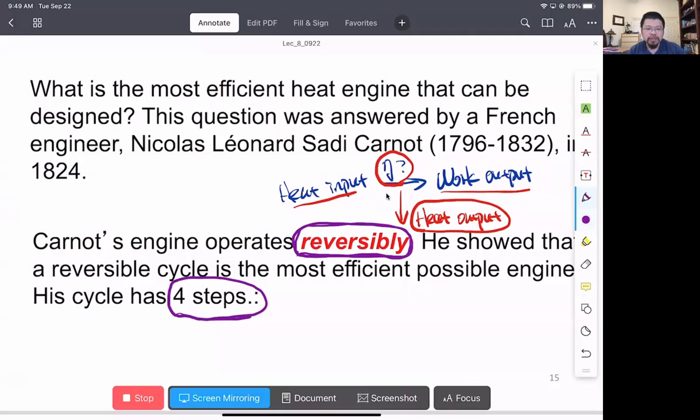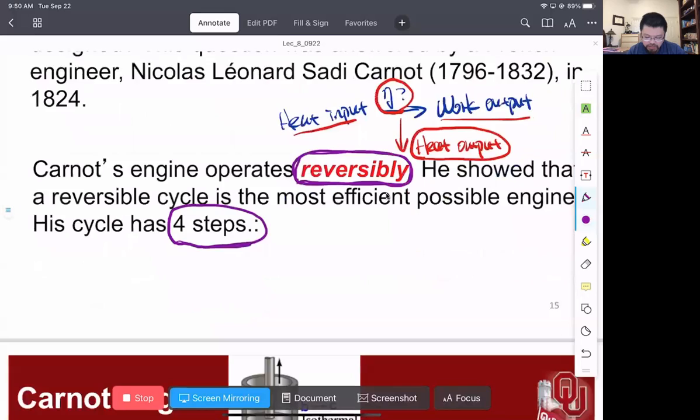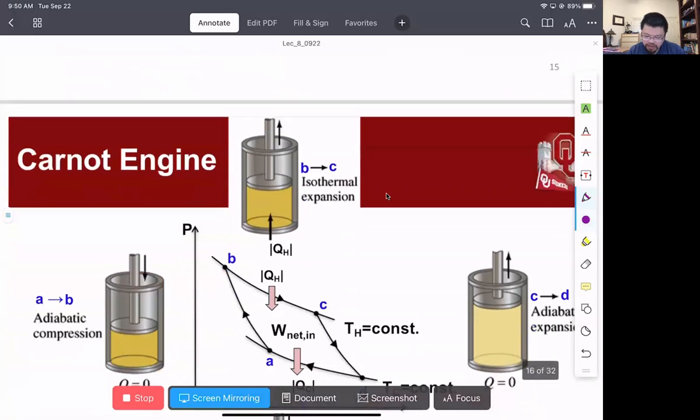So he illustrated to us what would be the maximum efficiency for any heat engine. And nowadays we are still following his design for all sorts of heat engines or any device that we use to convert heat into work. So let's jump to his design.